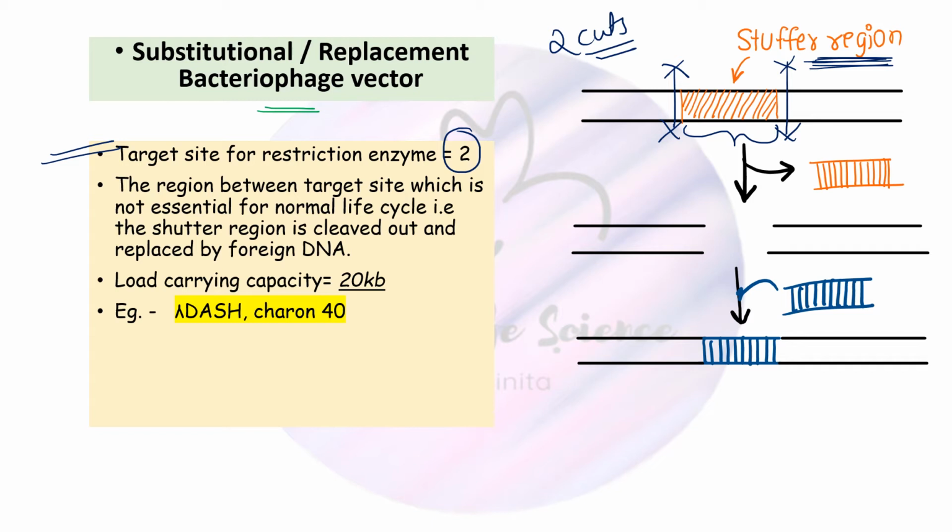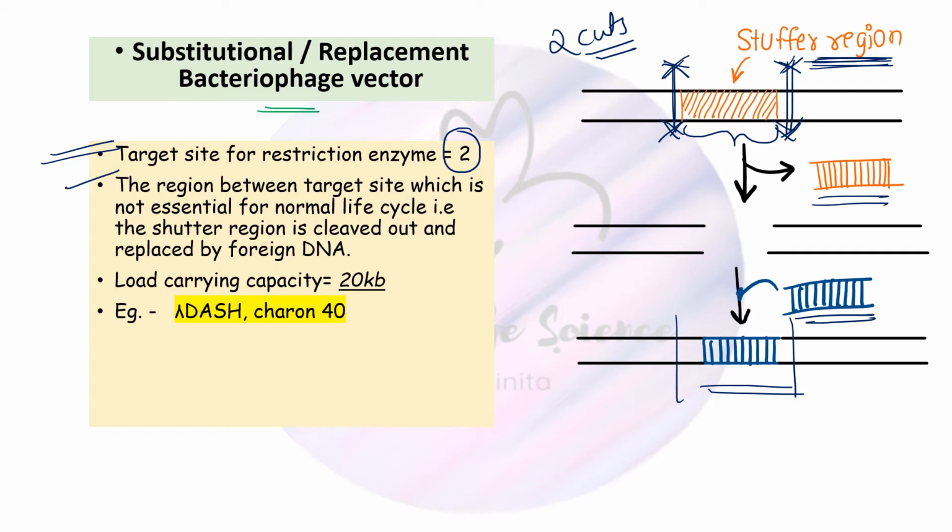The stuffer region is removed by two different restriction enzymes which have specific target sequences right adjacent to it, and then you can easily insert the foreign DNA at the stuffer region site. Therefore it is known as a replacement bacteriophage vector.